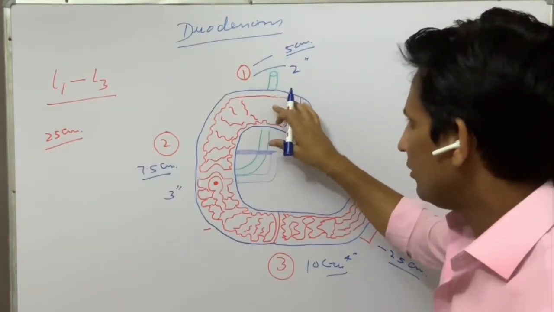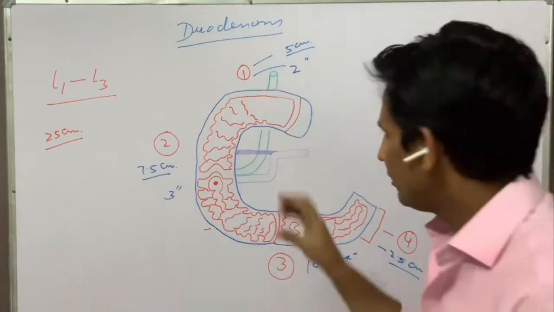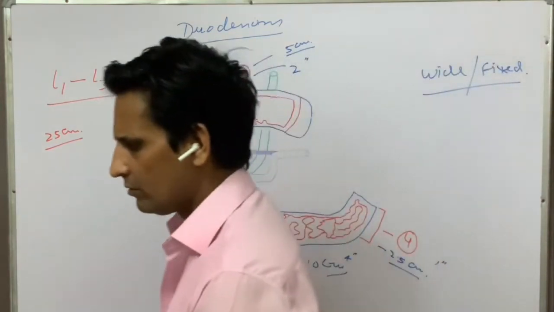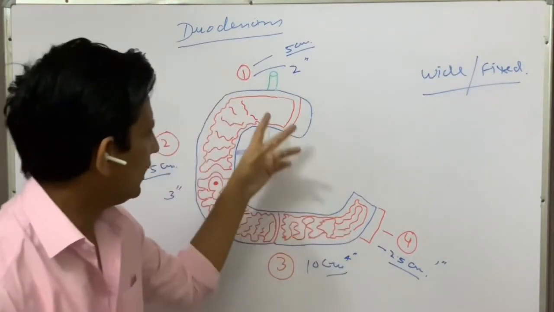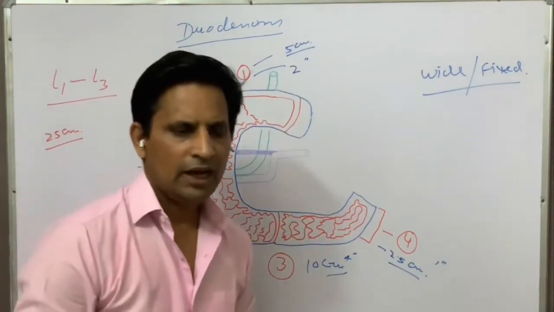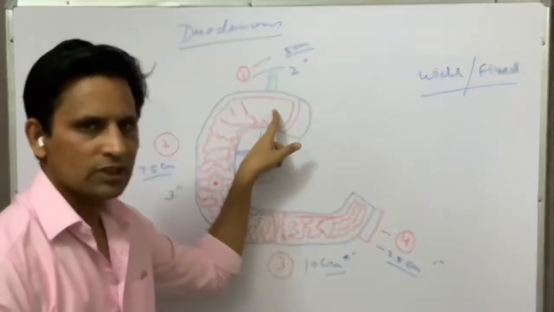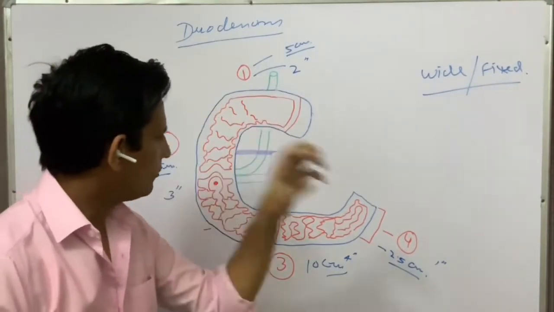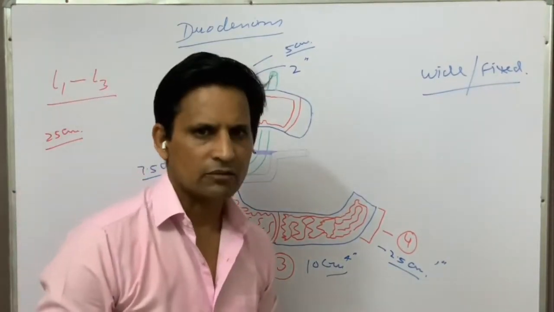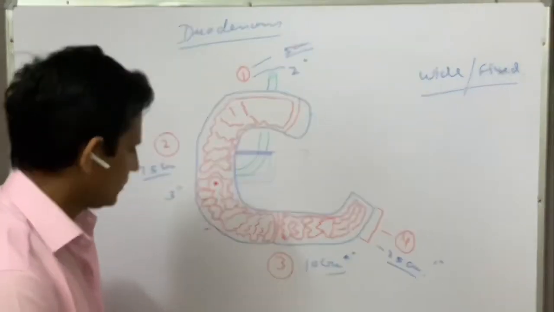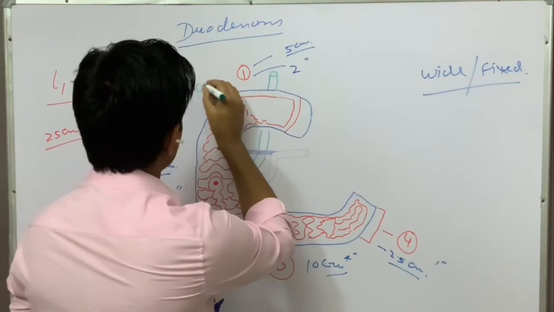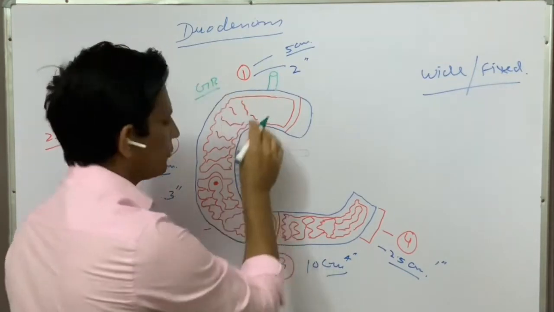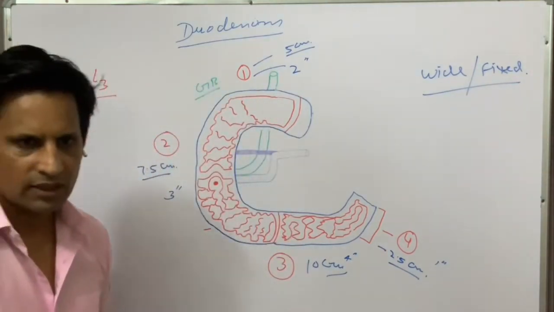This one is the first part, and this has a very good clinical importance also. Why? Because anterior to this first portion, there is a very crucial structure, and that is the gallbladder. Here, the gallbladder is anterior to this first portion, right?